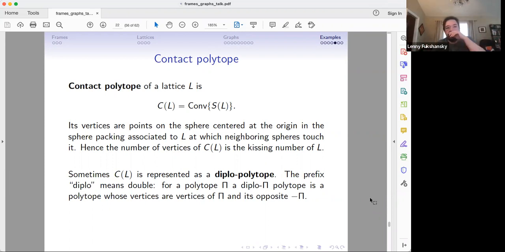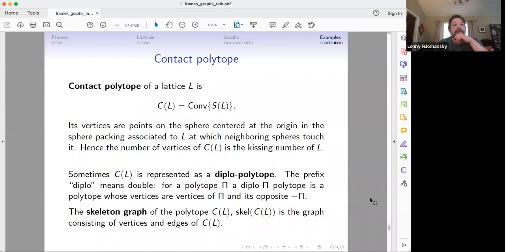So its vertices come in opposite pairs. Given my contact polytope, or a polytope in general, I can talk about its skeleton graph. The vertices of the skeleton graph are the vertices of the polytope, and the edges are the edges connecting those vertices.